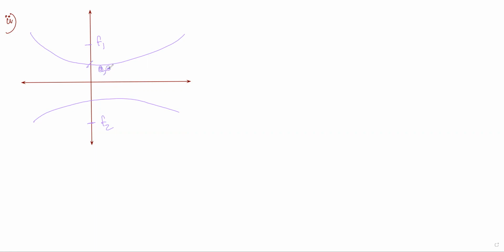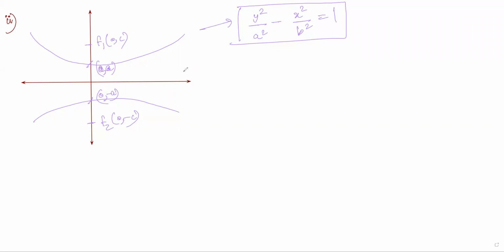No, sorry, 0 comma a, and this has to be 0 comma minus a. Then this has to be 0 comma minus c, and this has to be 0 comma c. So its equation would be y²/a² minus x²/b² is equals to 1. Again, the transverse axis is the y axis and the conjugate axis is the x axis.